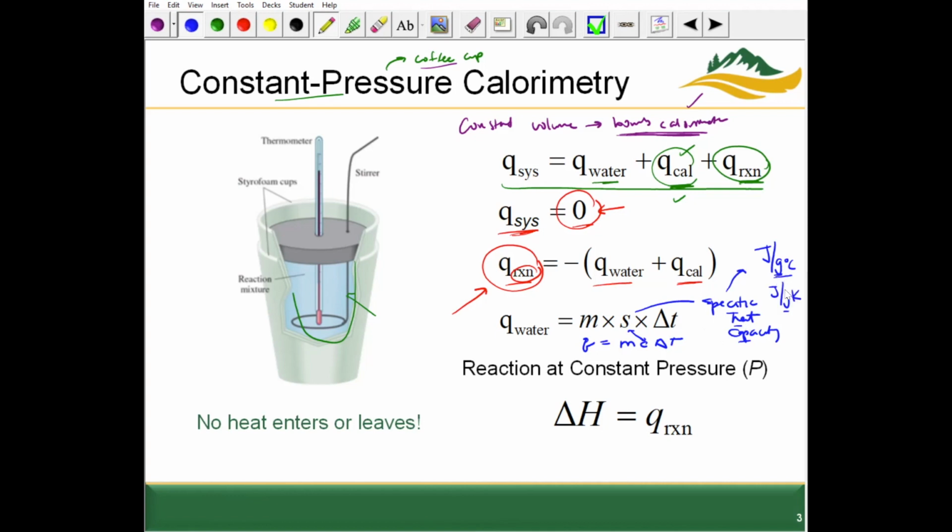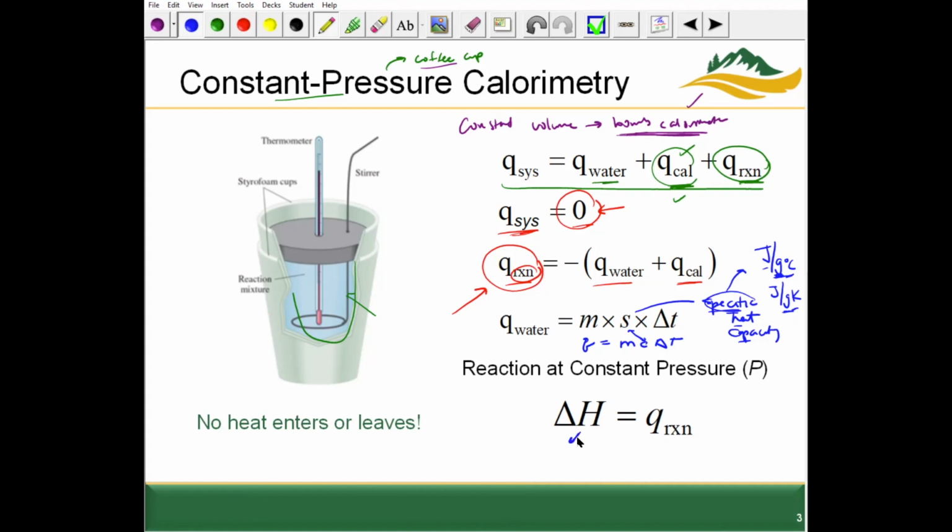The important variable in here is the mass. Specific heat capacity, we get specific as a way to remember it. We're going to incorporate the mass of the pure substance in a specific heat capacity. So the energy per 1 gram per 1 degree Celsius or per 1 Kelvin.